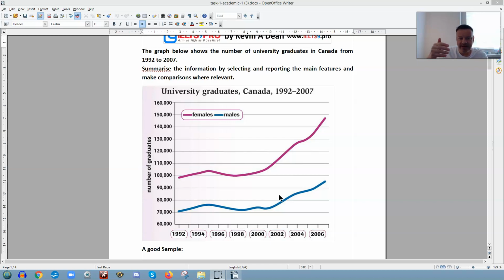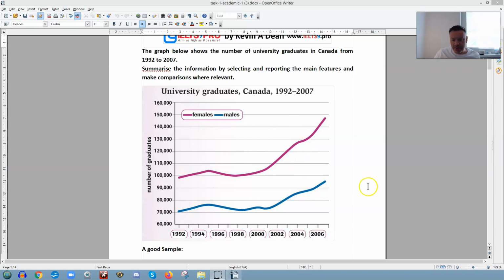More females than males in general, a more significant rise from females compared to males, and yet both of the genders did show a significant upward trend. So those are the three features that you need to be including in paragraphs 3 and 4.